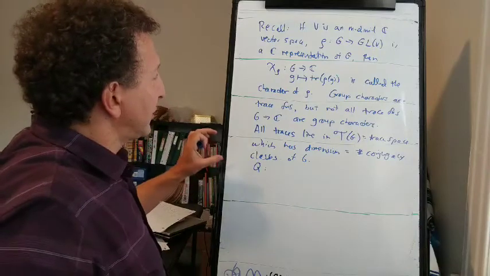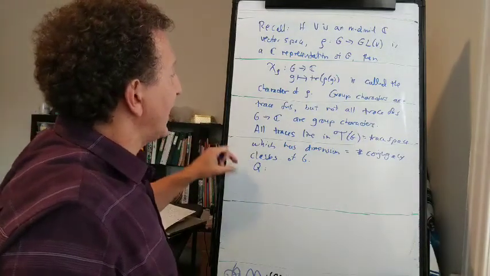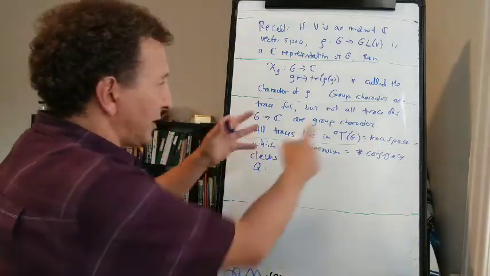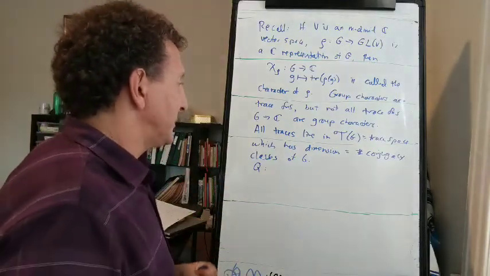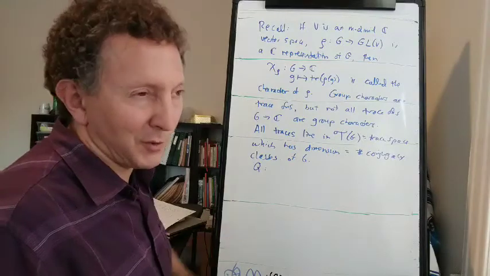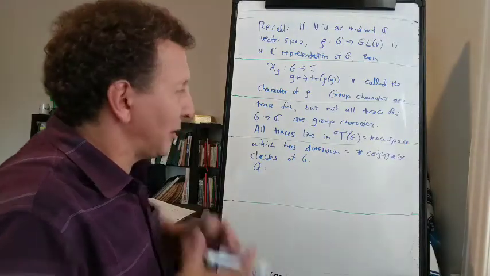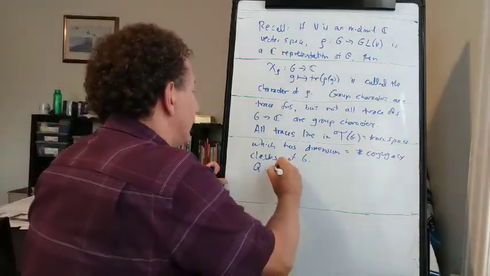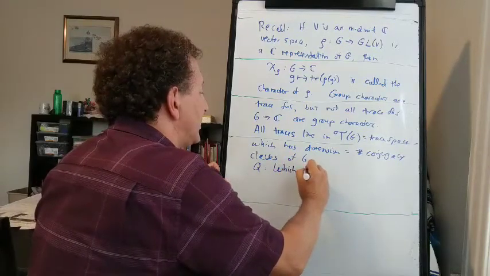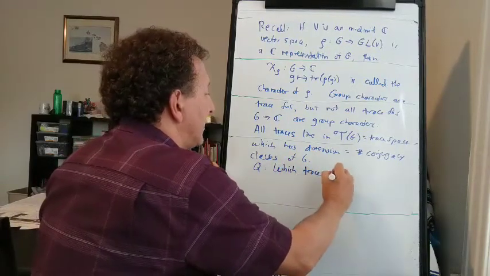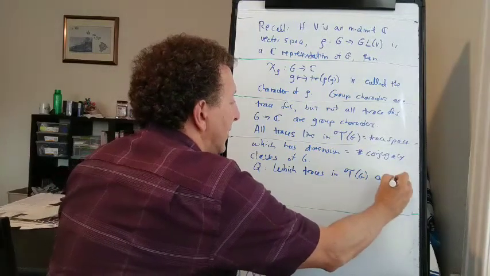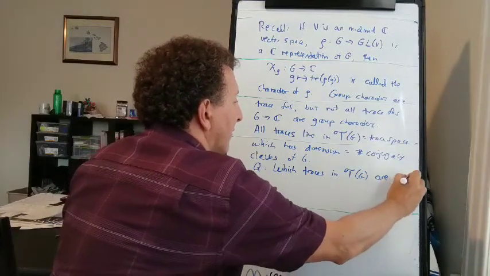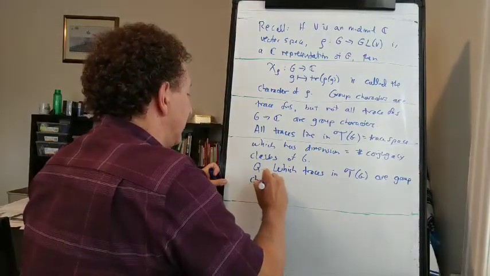So the question is, which traces in there are actually group characters? They've all got to be in this space. They're in there somewhere. Maybe they form a subspace. Actually, we're going to see they don't actually form a subspace, but they form something else. They form a sub-something. So which traces in T of G are group characters is the question.